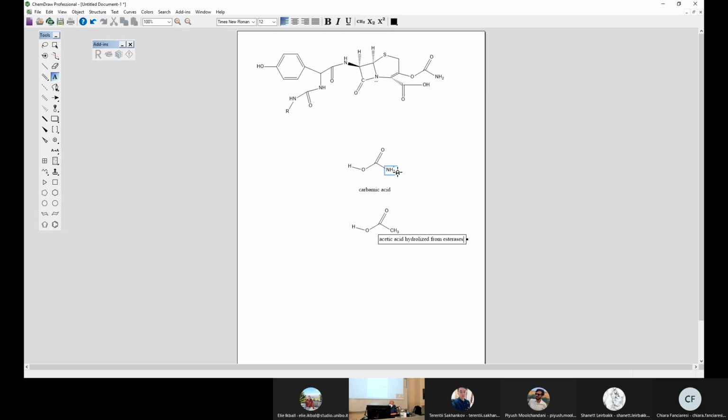If we introduce the amino group, we have carbamic acids. And what happens in the carbamic acid? We can see now there is the lone pair on the amino group that can be shared with the carbonyl compound. Here. Here. And so we can have a resonance form like this.